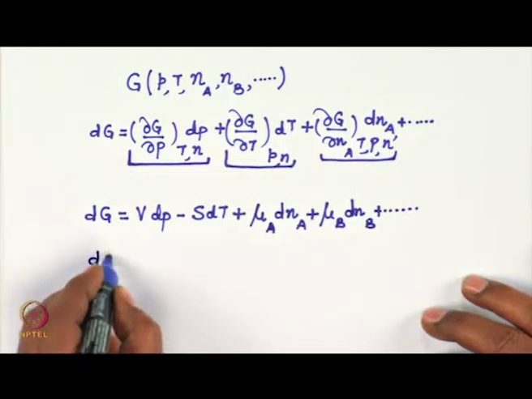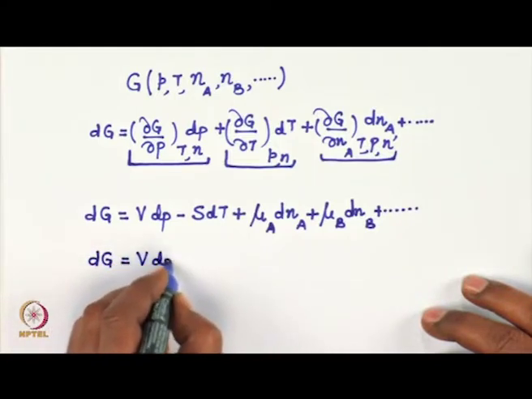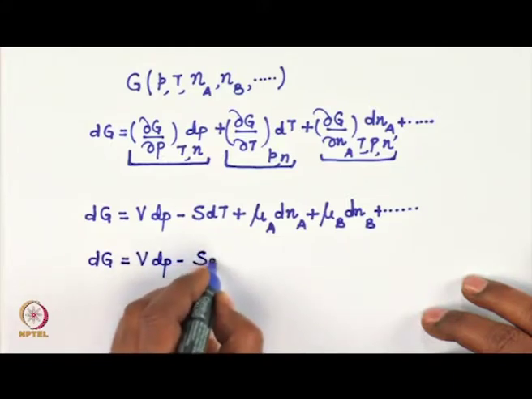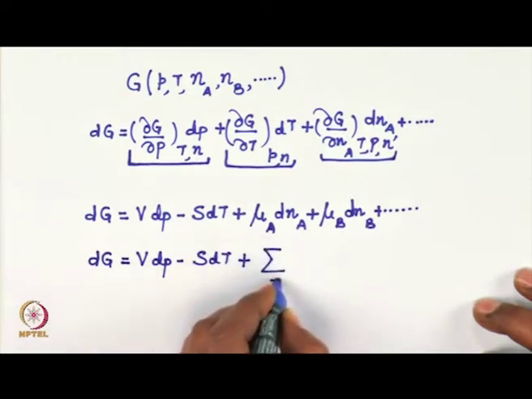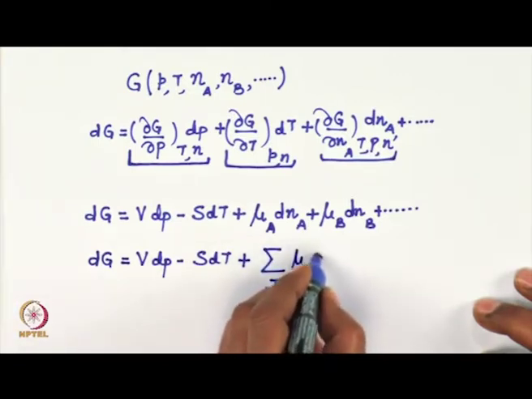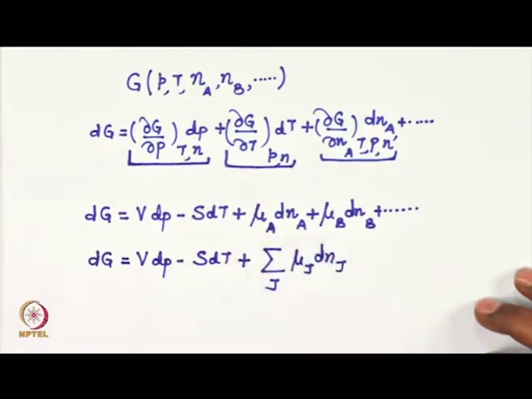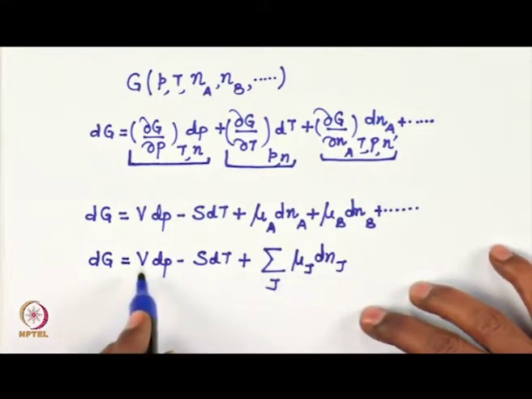I can further write this as dG is equal to V dP minus S dT plus, let me now write all this in the form of summation J mu J dNJ. And I recover my definition of chemical potential again from this equation.